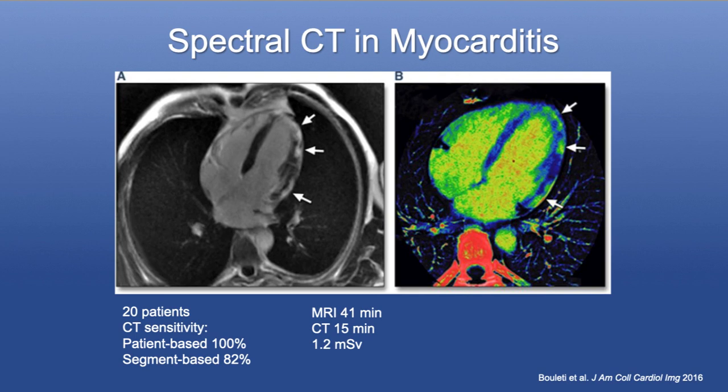Looking at the timing, an MRI took about 41 minutes, and a CT took only 15 minutes. It takes a little bit longer because you need to do delayed imaging, but still, they saw a patient-based concordance of 100%. The CT had a sensitivity of 100% and a segment-based sensitivity of 82%, and still pretty low radiation.